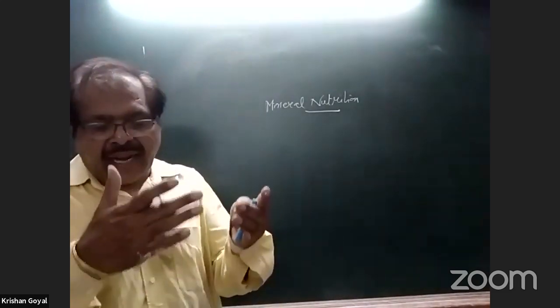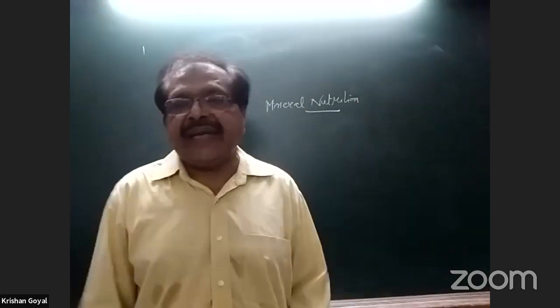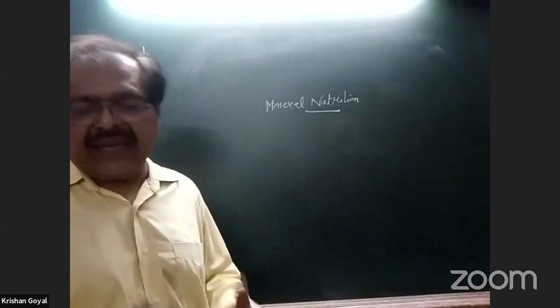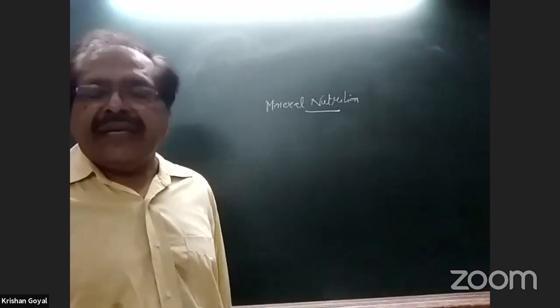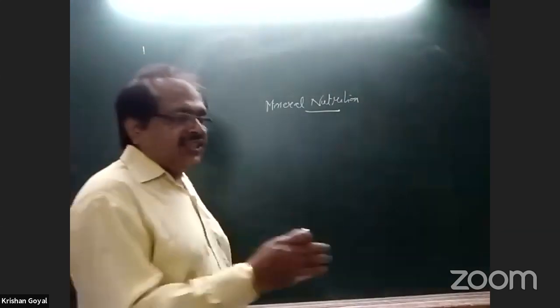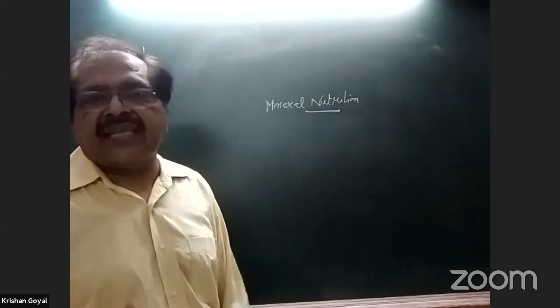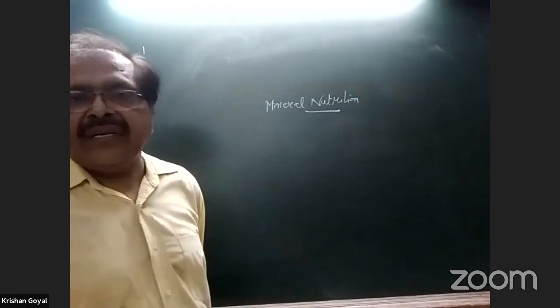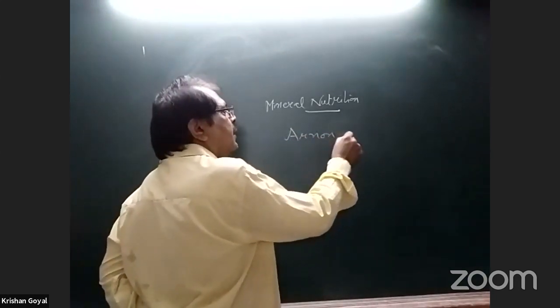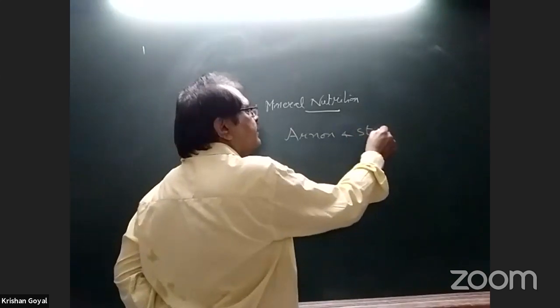And there are criteria to determine the essentiality of the minerals needed for the growth of the plant. This classification or criteria for the essentiality of the elements was given by Arnon and Stout.